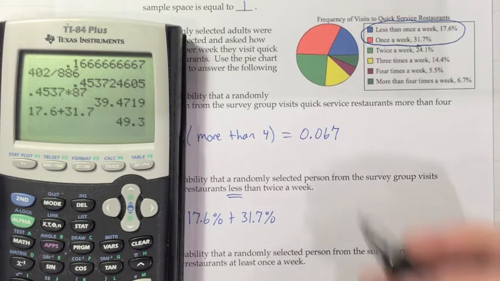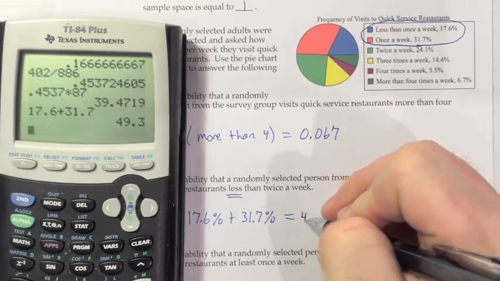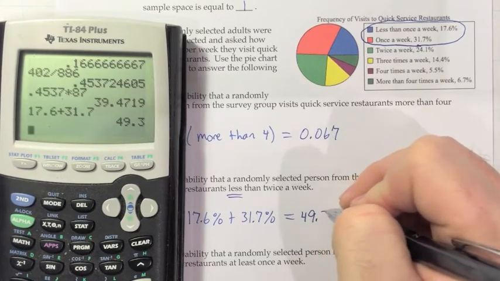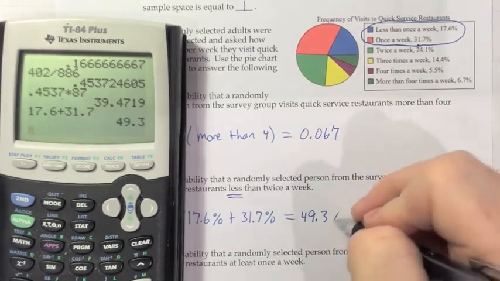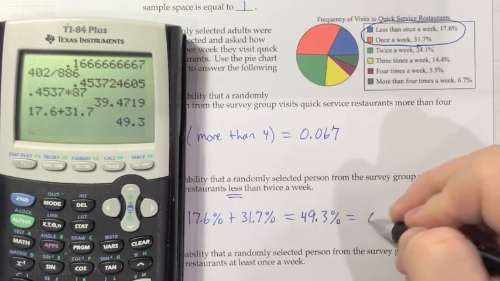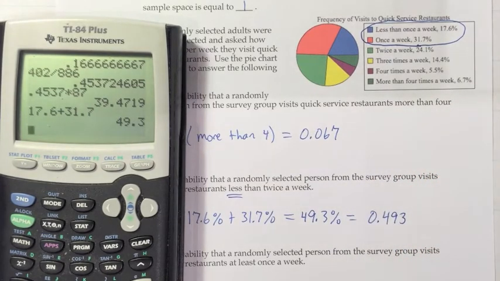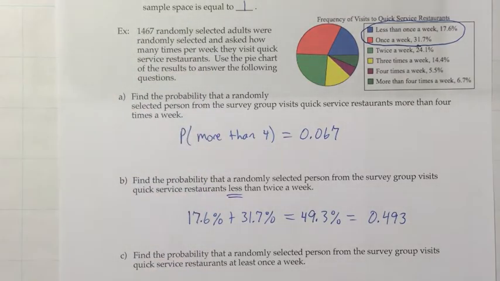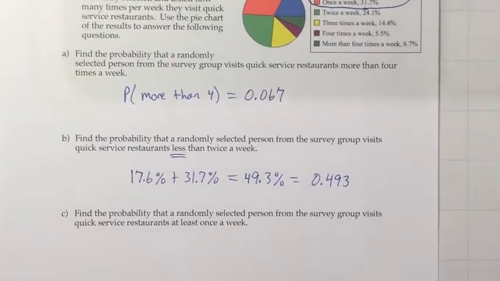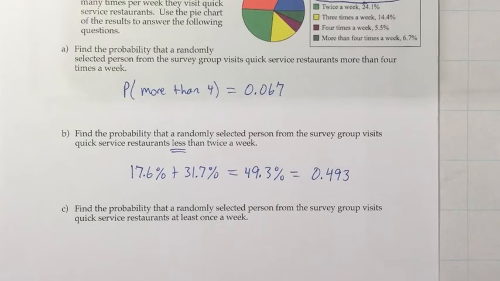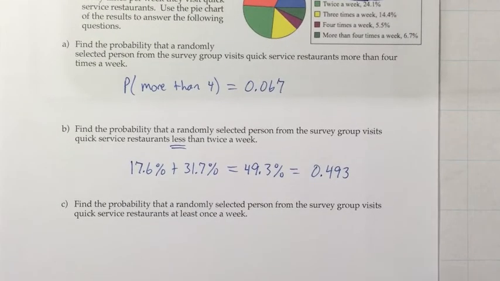Yeah, make sure to keep the brain sharp. Try and do it in my head, even if I am using the calculator. And then, because it's a probability, we should write it in decimal form at the end. So 0.493. If they give you a word description and it's more than one of the categories there, then just add those percentages together. We'll talk about that a little more as we continue on in the packet.